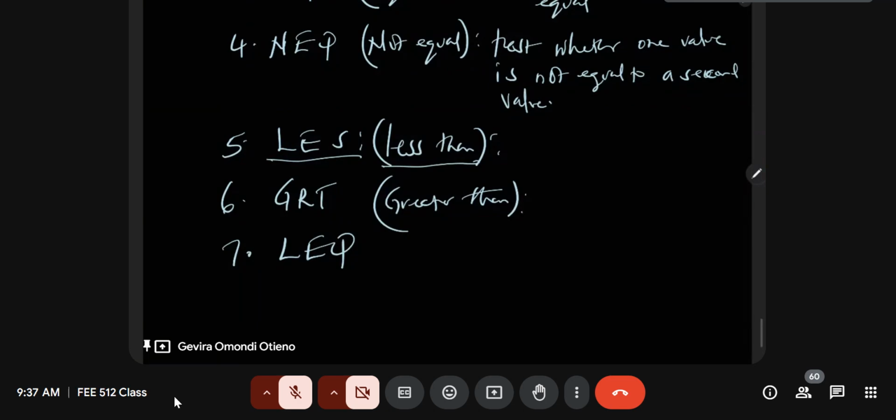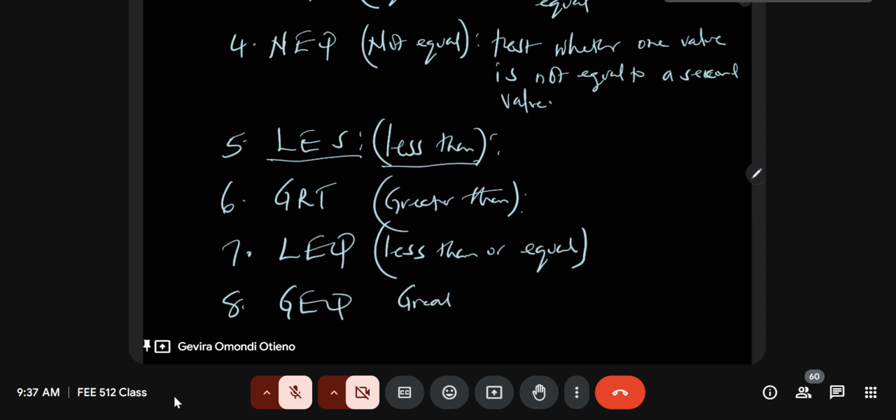So LEQ, you can guess that is less than or equal. We have, which other one is remaining? GEQ, greater than or equal. Remember, the function is to test whether one value is greater than or equal to a second value.